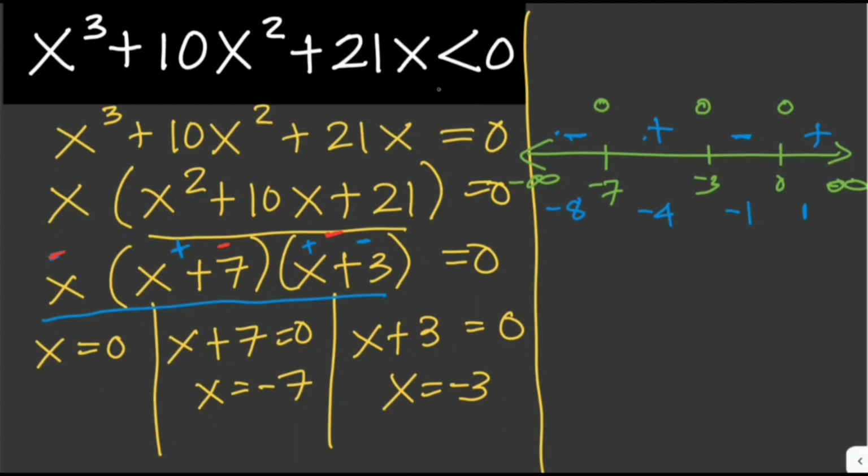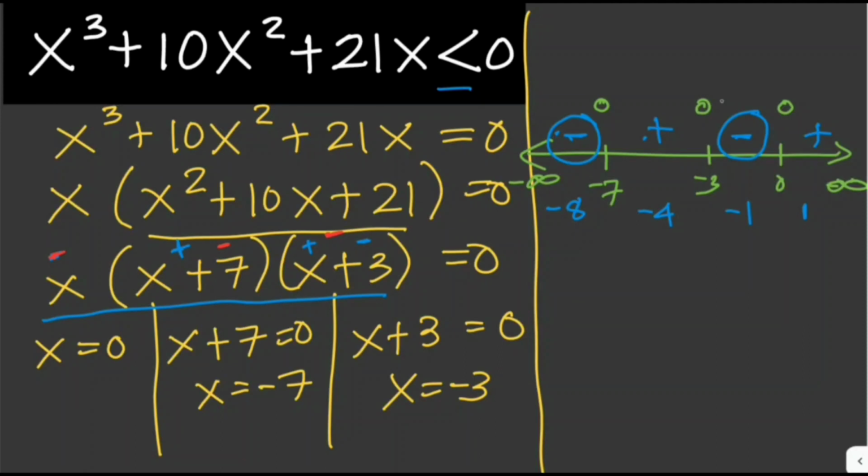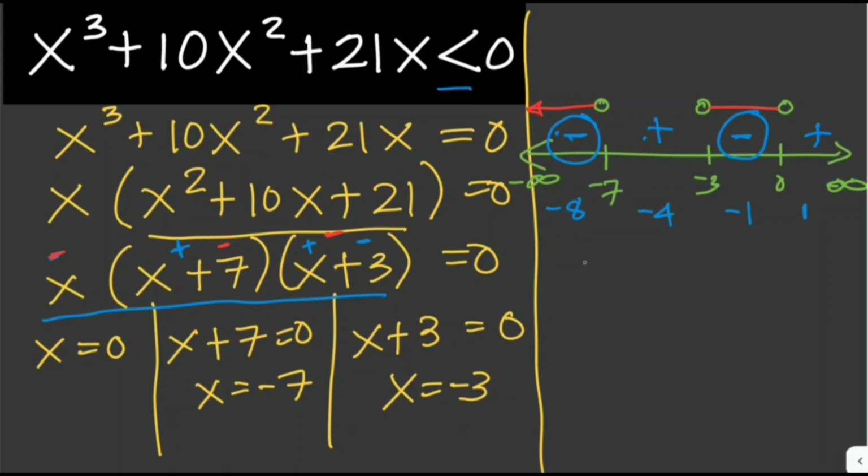Okay, since the inequality is less than 0, we are interested in those points that are less than 0, or negative. So we are only interested in these ones. Therefore, the solutions would be in between negative 3 and 0, and then negative 7 to negative infinity. So we can write this in interval notation.